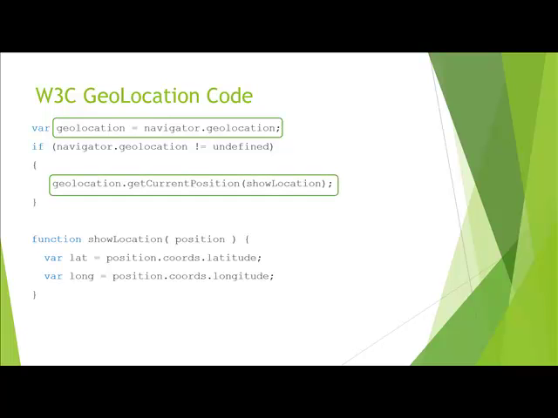But keep in mind that different browsers may not support this feature, so you have to do a check and make sure that it's there. You do that by checking to see if it's not undefined. If it has a value other than undefined, then you pass it a function handler to getCurrentPosition, and that contains again latitude, longitude, and all sorts of data related to position.